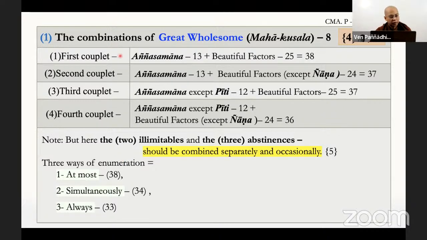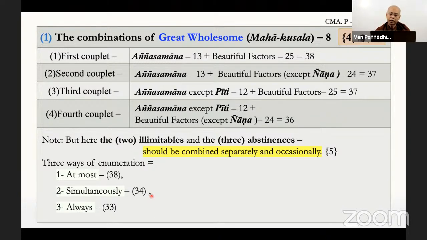So this is the variables for the first couplet. Can you make the second one? For the second, at most, how many? At most 37. Simultaneously, 33, and always 32. So if you know this method of how to make the change, then the at most, simultaneously and always counts in the great wholesome, Mahakusala, are easy.